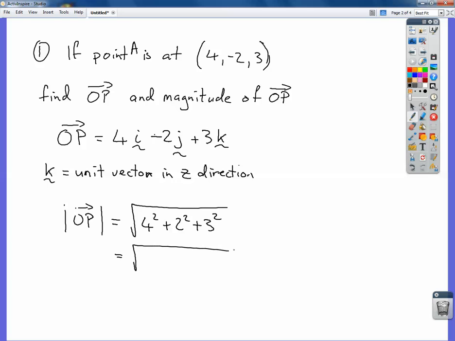So that gives us 16 plus 4 plus 9. Let's add all of that together, and that gives us 29. Square root of 29. So there's the magnitude of OP.